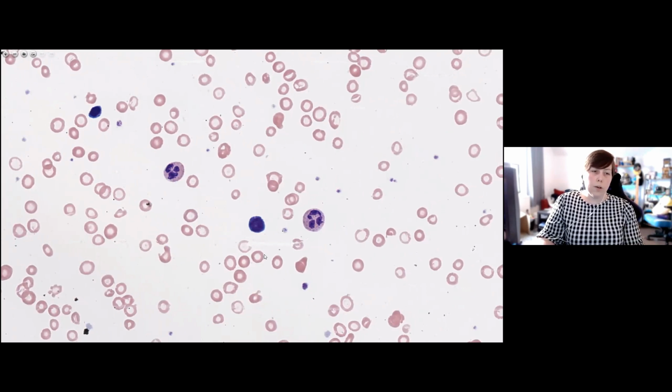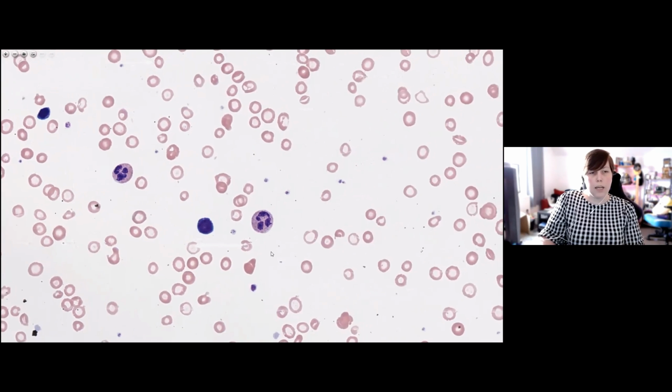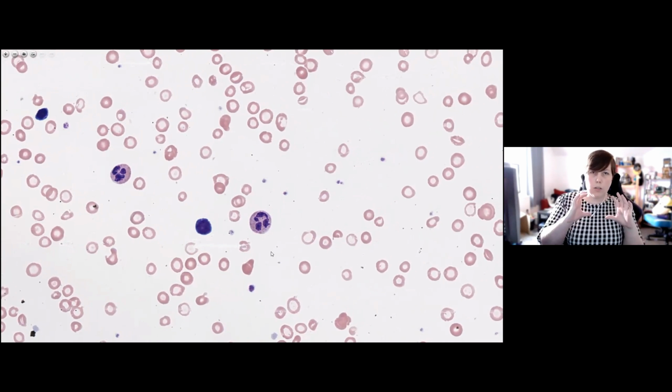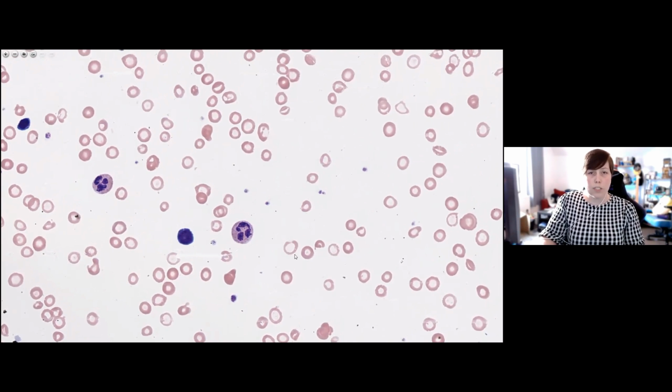The other thing that we're looking for is hypochromia. Often microcytosis and hypochromia go hand in hand. Hypochromia represented on a blood film, you have these cells where instead of being a big fat donut with an area of central pallor that's quite small, about 1/3 of the size of the cell, we see cells where the area of central pallor is much, much bigger than that and can be most of the cell.